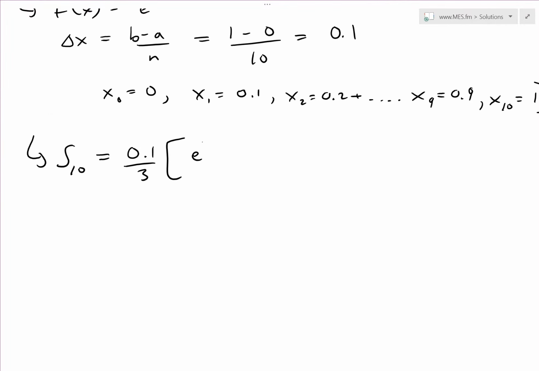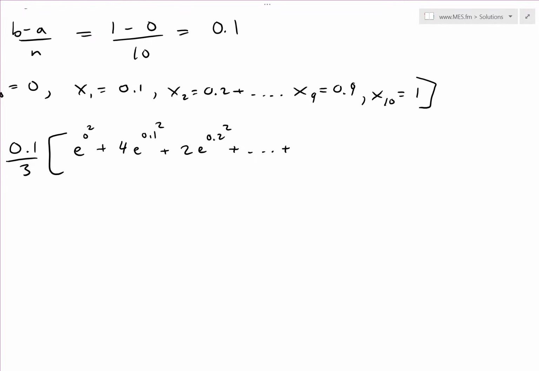So the first term is e to the 0 squared, which is just 1, plus 4 e to the 0.1 squared, plus 2 e to the 0.2 squared, plus and so on, following this pattern, until we get to 2 e to the 0.8 squared, plus 4 e to the 0.9 squared, and then the last one is e to the 1.